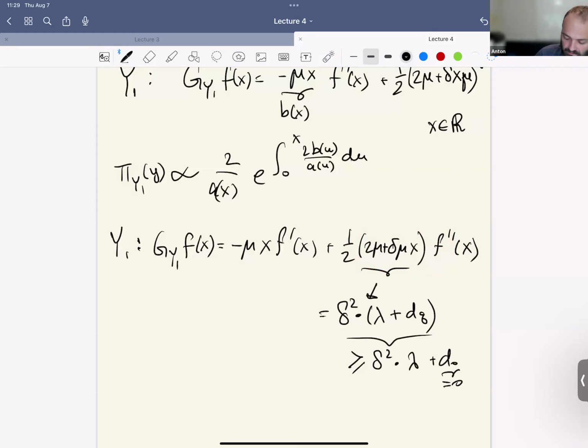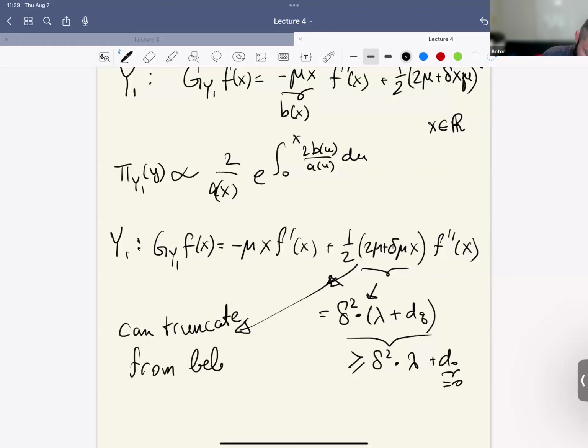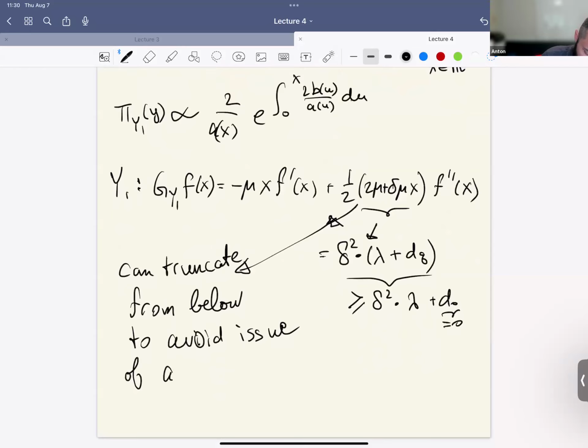In other words, you can truncate this. Let me just write the following thing. Can truncate this from below to avoid the issue when a of x goes to negative infinity.